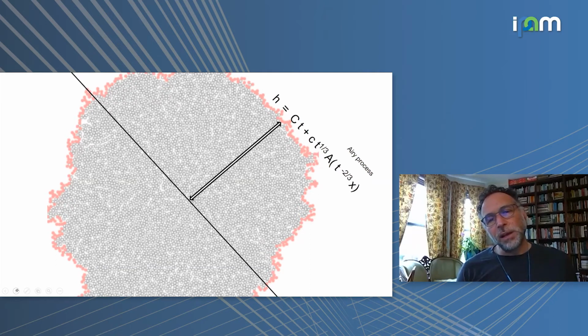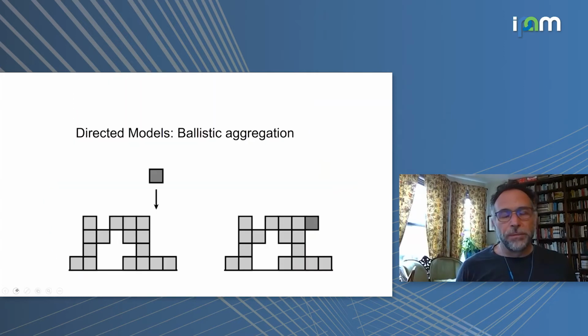Now, of course, in the model I've shown you, it's not so clear that the thing really is a function. So it's much easier to study models where there is actually a height function. So here's a model which is a directed model.